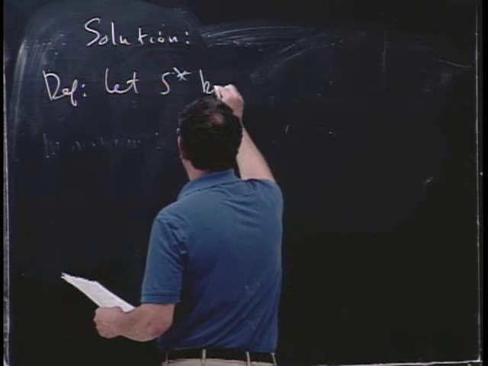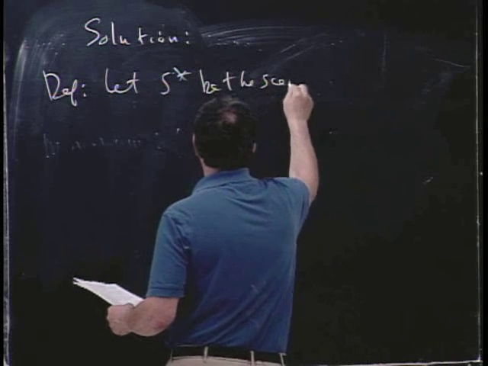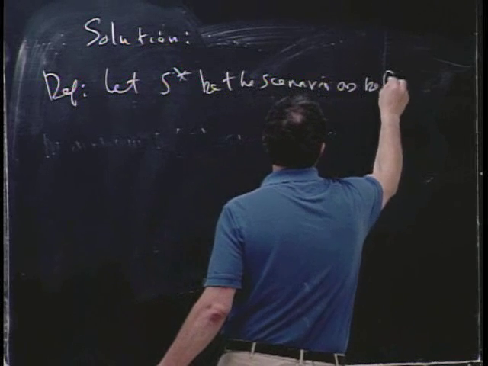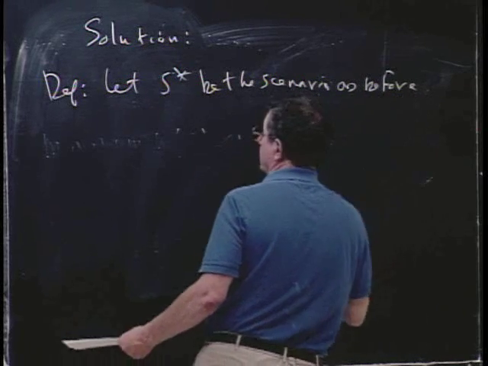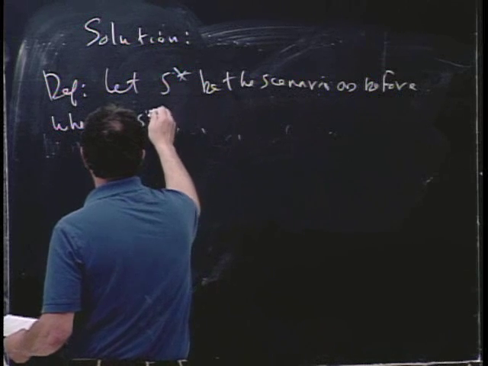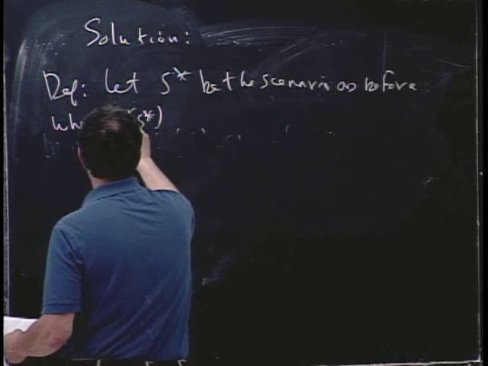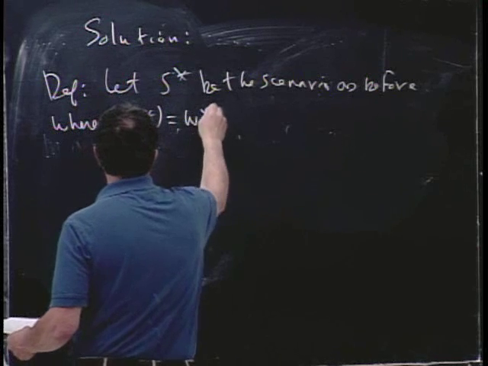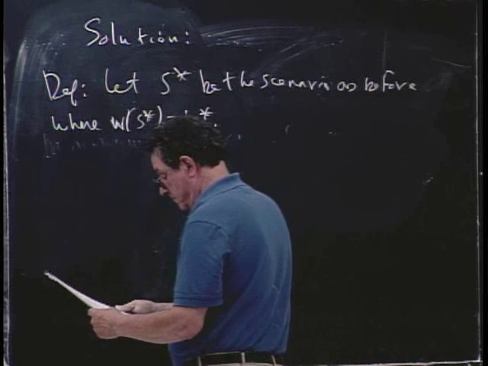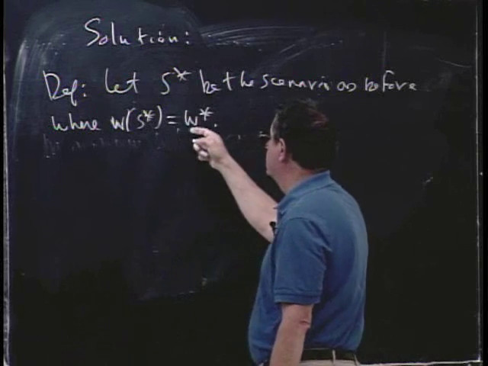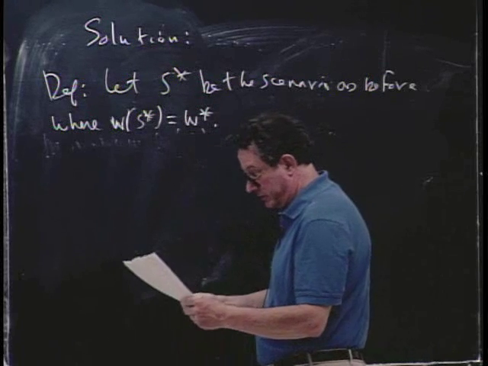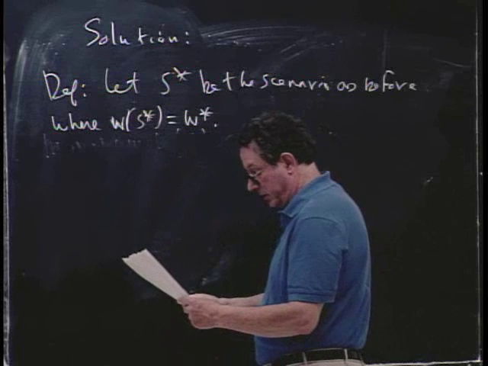Let S star be the scenario as before, where the best outcome for any team, Ws star, is equal to W star. And of course, at least one team gets exactly W star points. That's what happens in the scenario S star.